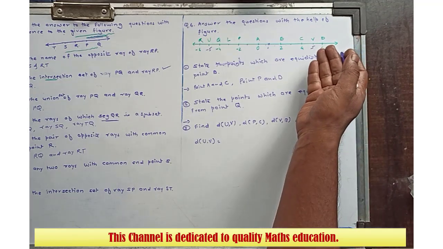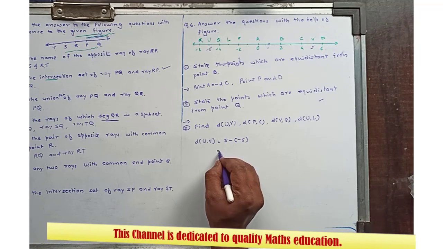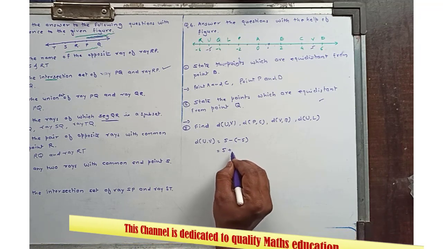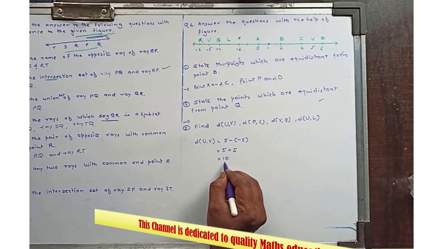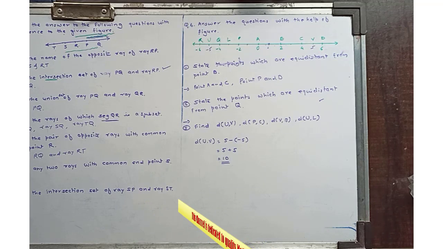So from greater coordinate we have to subtract the smaller one, that is 5 minus -5. Okay, that is equal to 5 plus 5, that is equal to 10. So distance of UV is equal to 10. So in this way you have to solve this practice set 1.2. Okay, thank you.